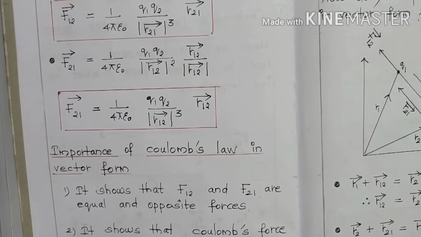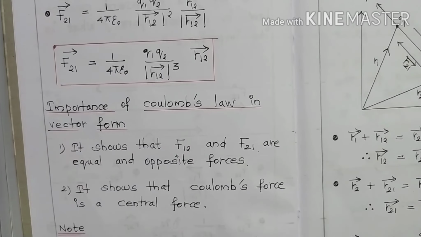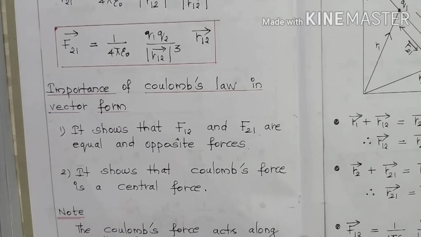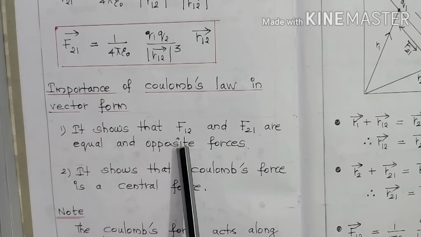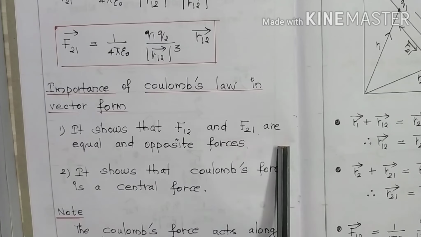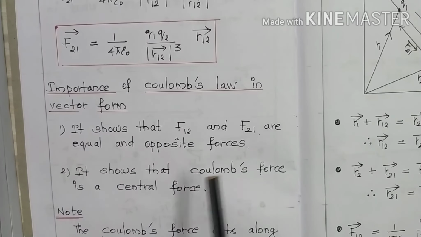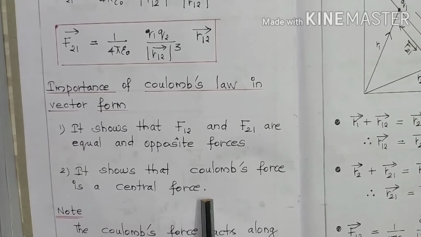Now let us see the importance of Coulomb's law in vector form. Okay. It shows that F12 and F21 are equal and opposite forces. And also this vector form shows that Coulomb's force is a central force.